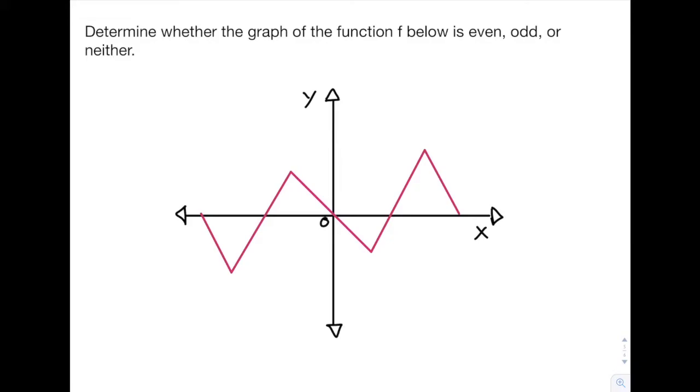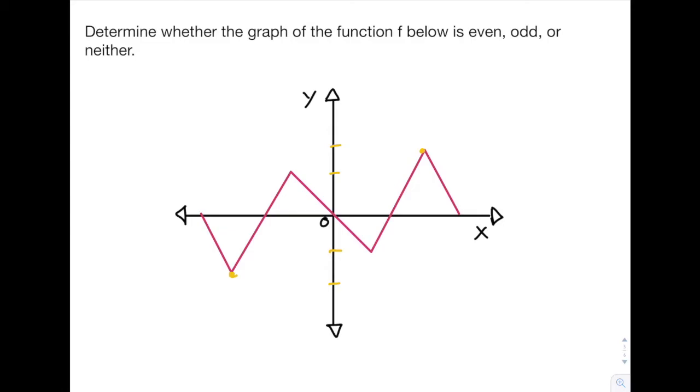That is, if we look at all the y values on the positive half of the x-axis, those should be the opposite sign of the y values of the function on the negative half of the x-axis. And by inspection, these two y values look to be opposites, as well as these two here. And it generally follows the same shape.